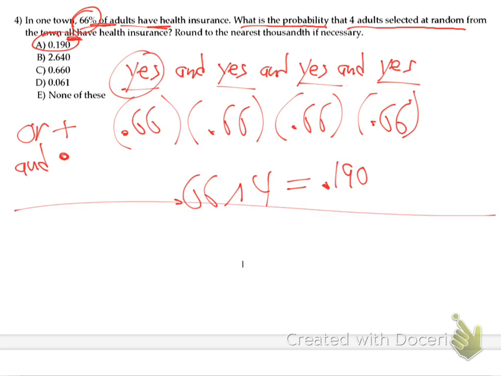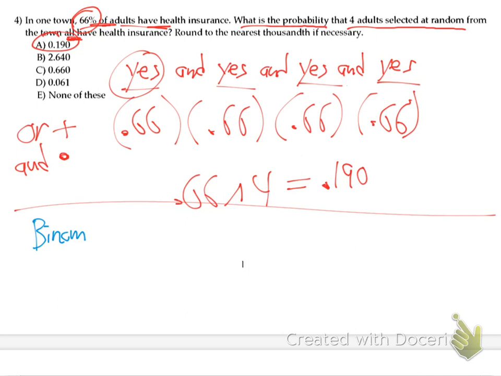Is that good? Now let me show the other way real quick. You could do a binom. It is a binom, because they either have the insurance or they don't. It's a 2-stater. A lot of these can be done with binom or another way, so if you're really good with binom. Is it binom PDF or binom CDF? Remember, exact is PDF, and greater, less, all those are CDF.